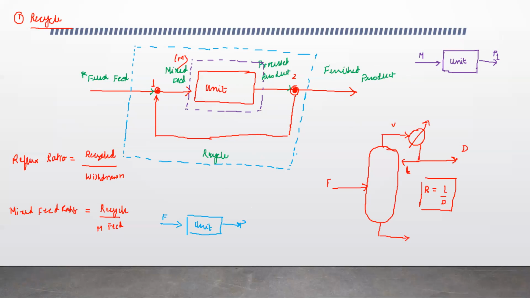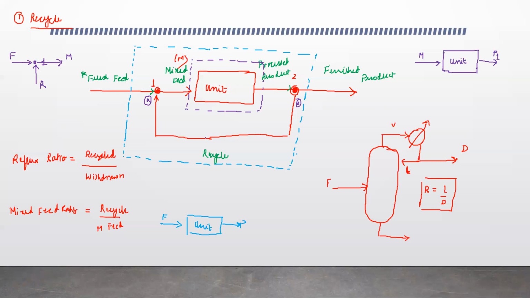All right, then the third scope for material balance is at the 2 points, that is point number 1 and point number 2. So at point number 1, let's say this is your point number 1. Over here you get fresh feed. Over here you get mixed feed. And from here you have recycle stream coming.